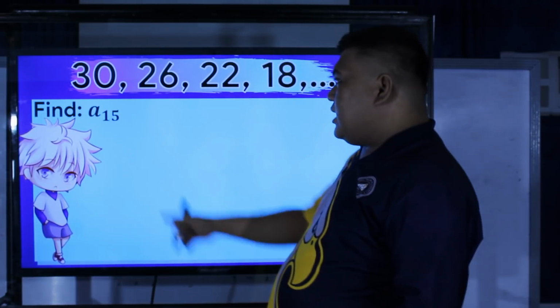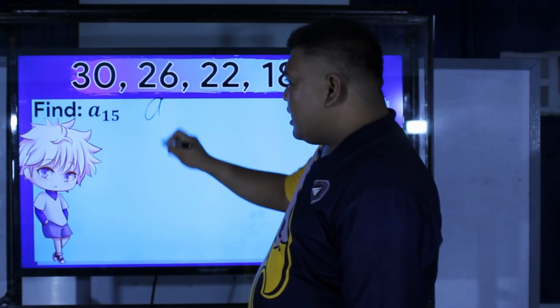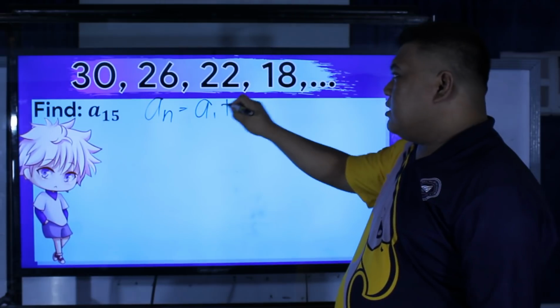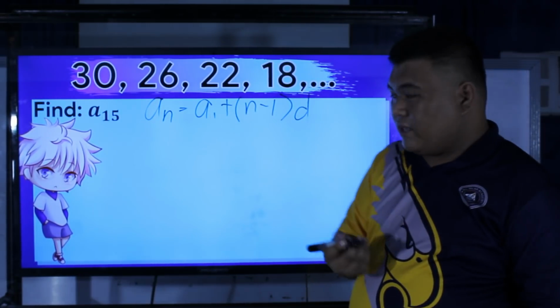And again, we need to find a sub 15. So again, start with the formula. A sub n is equal to a sub 1 plus n minus 1 times the common difference.